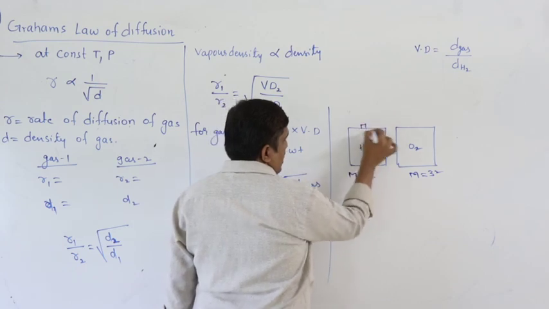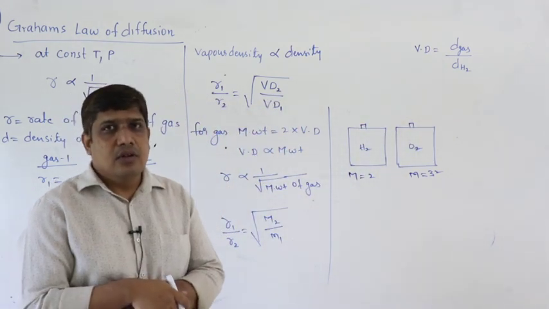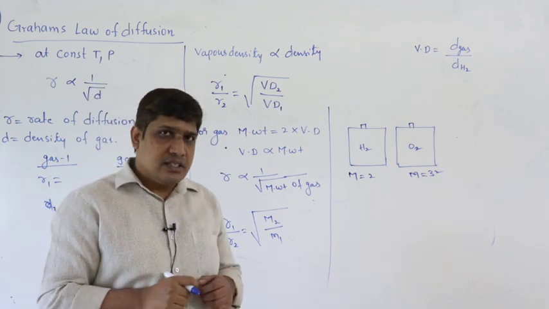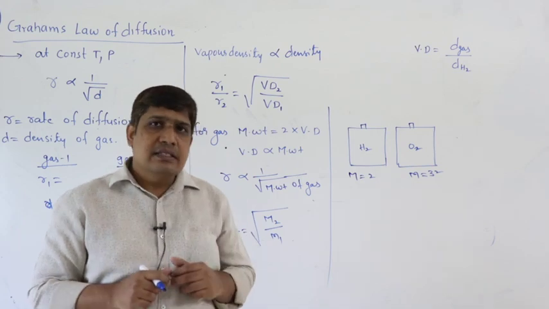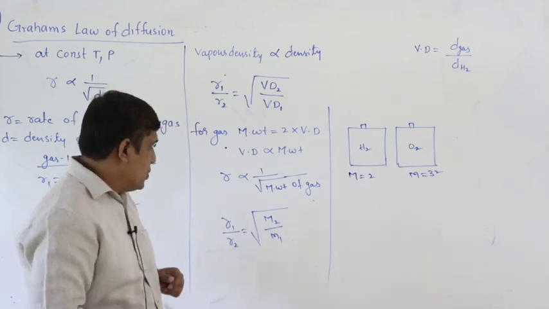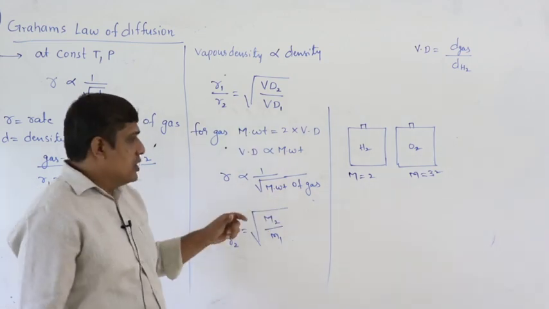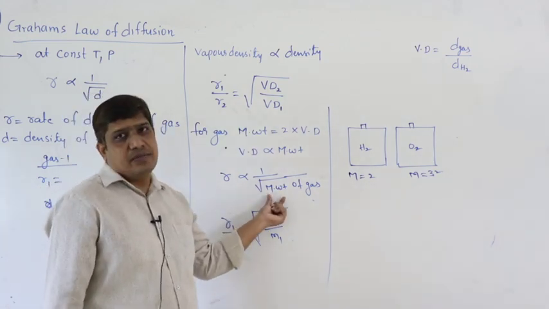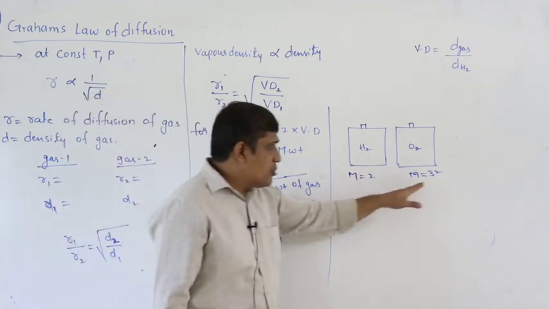So if I open the nozzle of both the cylinders, will their rate of diffusion be the same? The answer is no, because rate is inversely proportional to square root of molecular weight. So higher the molecular weight, slower will be the rate of diffusion. Which gas has higher molecular weight?